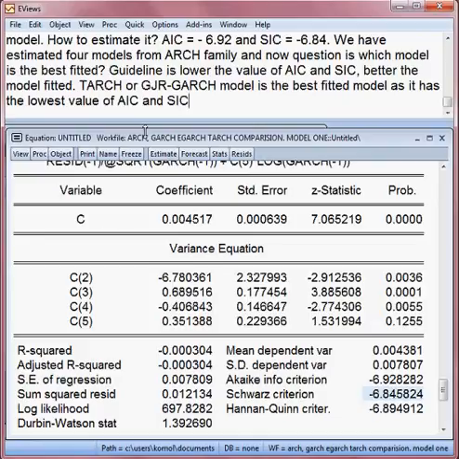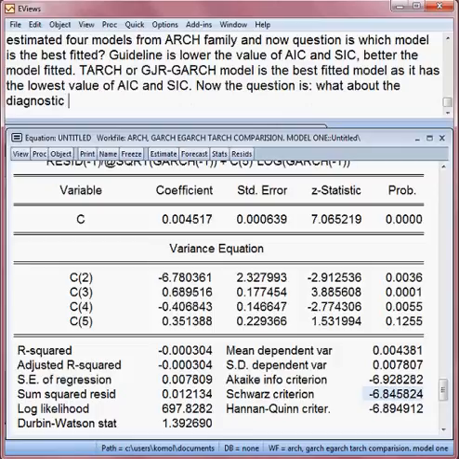So now the question is, what about the diagnostic checking of this TARCH model?